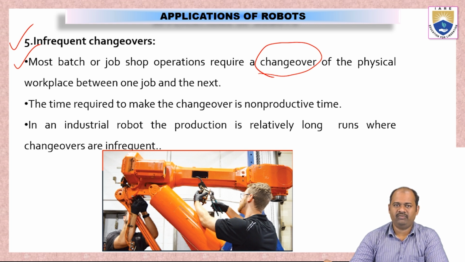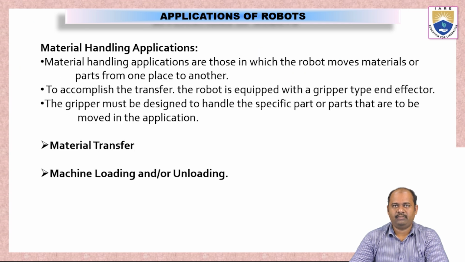That means they can work for more hours, they can produce more products, and eventually the industry will get more profits than using other automated systems. So this is one advantage or application of robots, where they can be used for very infrequent changeovers.